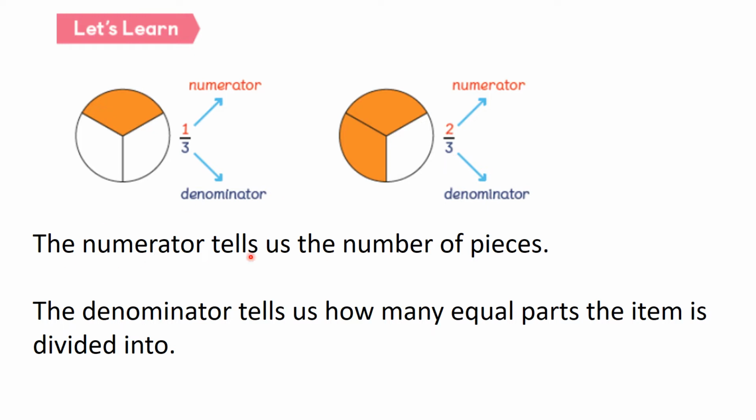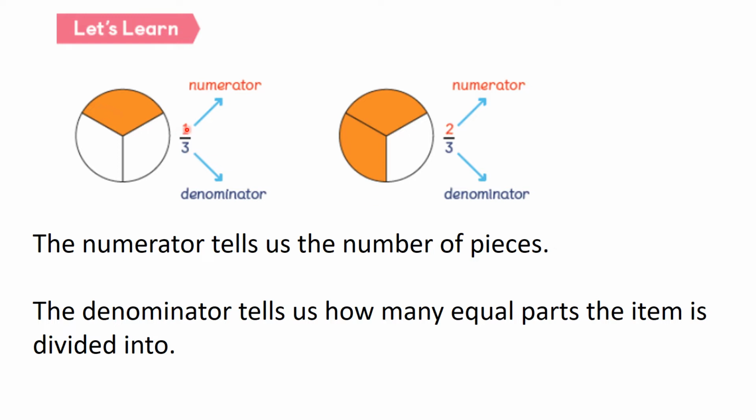Now the numerator tells us the number of pieces, and in this case there are 3 pieces here and 3 pieces here. The denominator tells us how many equal parts the item is divided into. Oh, I might have got a little bit confused there. Let me try again. So the numerator tells us the number of pieces that are being shown or are shaded in.